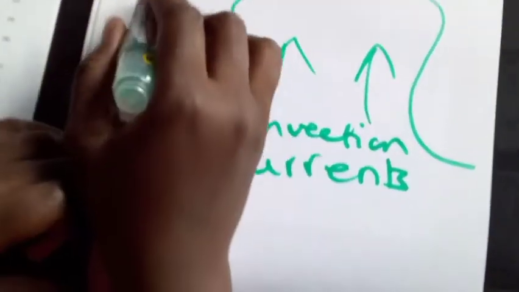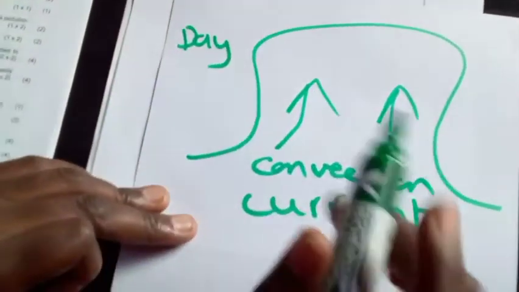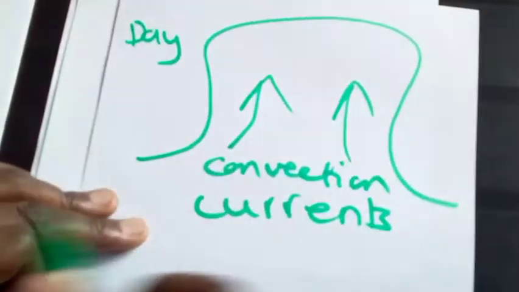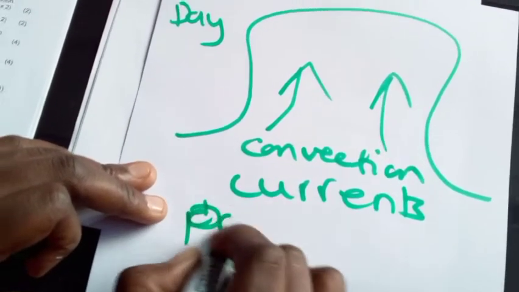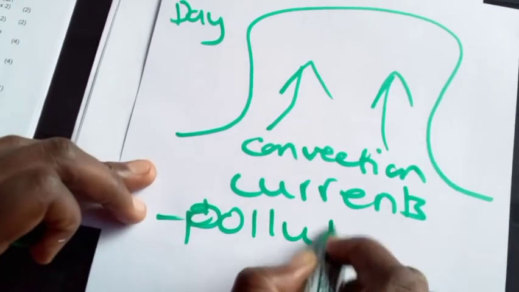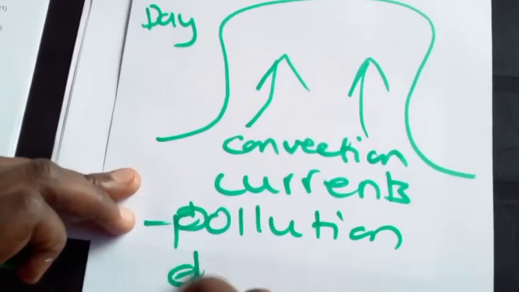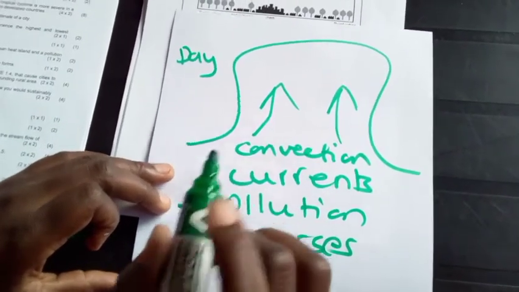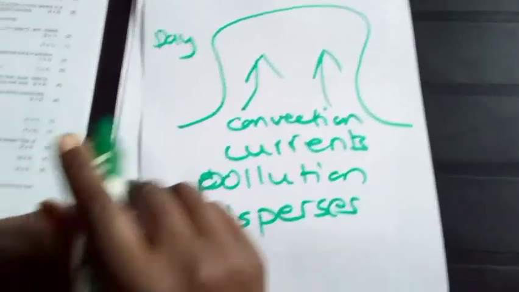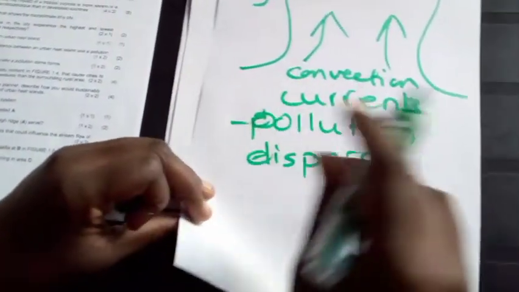You find that during the day, the urban heat island mushrooms. And when it mushrooms during the day, what happens? Pollution disperses. So there's dispersing of the pollution in the upper layers of the atmosphere.